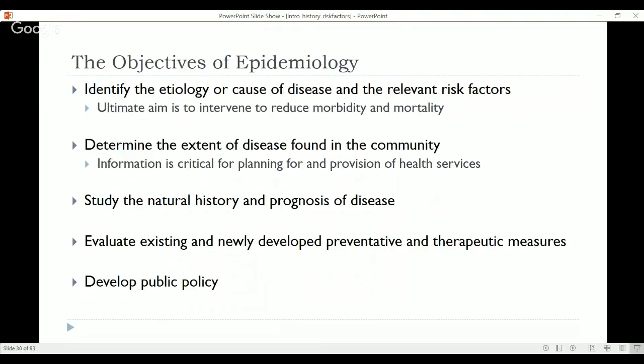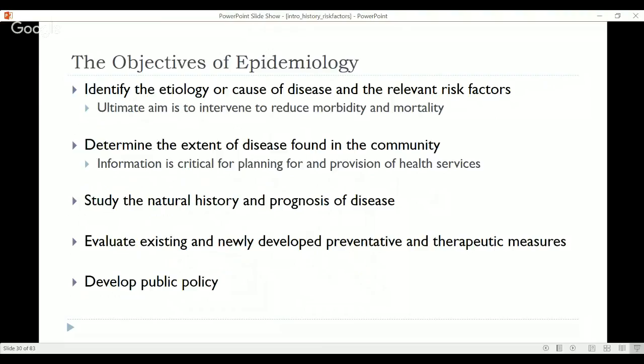Also evaluation. So a lot of epidemiologists evaluate existing or newly developed preventative and therapeutic measures. So preventative being maybe, say, some sort of get active program, seeing if it can prevent the number of diabetes diagnoses. And therapeutic meaning more clinical measures.